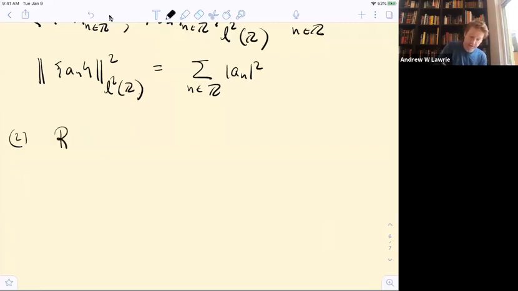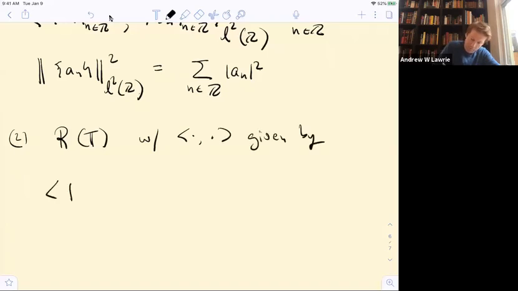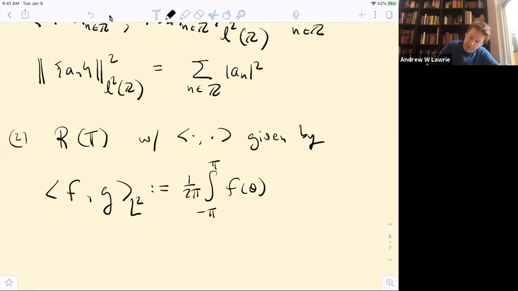So the vector space is R of T, the Riemann integrable functions, with inner product, which I'll call the L2 inner product: 1 over 2 pi, integral from minus pi to pi of f of theta times g of theta bar d theta.